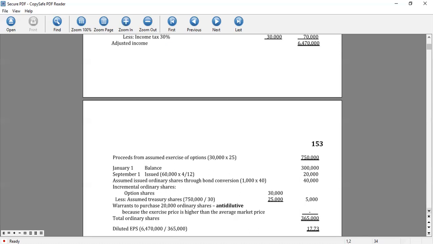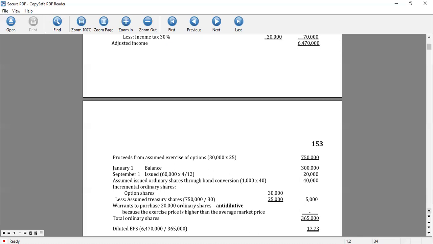So that will be a total of 25 multiplied by 30,000. That's the proceeds from assumed exercise of options. Okay, so we have now 30,000 times 25.